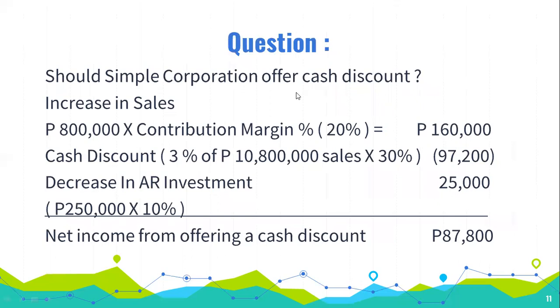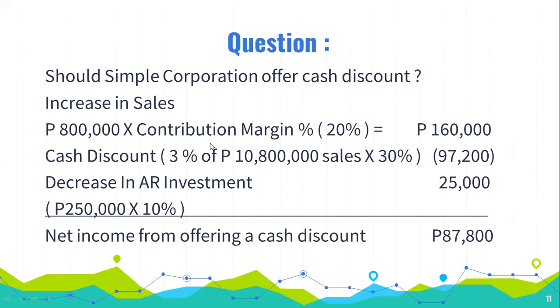So we will discuss the effects one by one. First, we have the increase in sales. There will be an increase in sales worth 800,000 pesos. However, we need to be aware that if sales increase, the total variable cost will also increase.